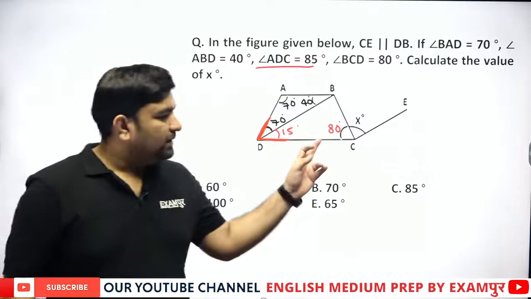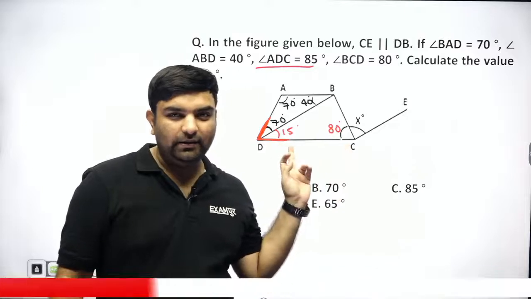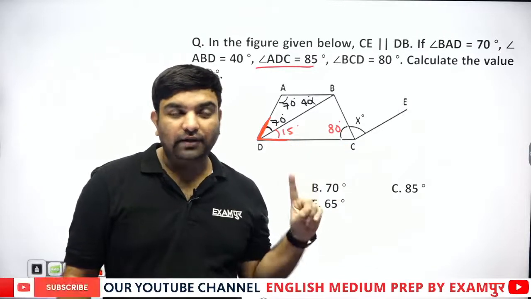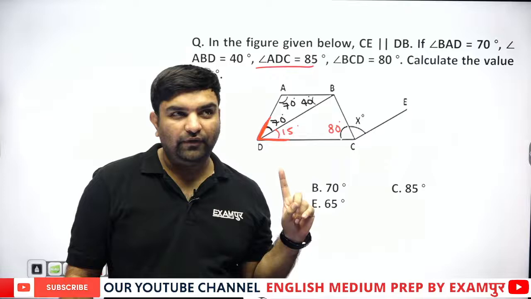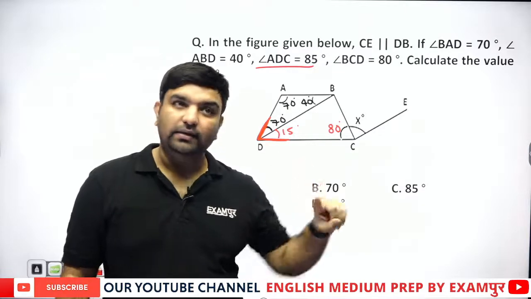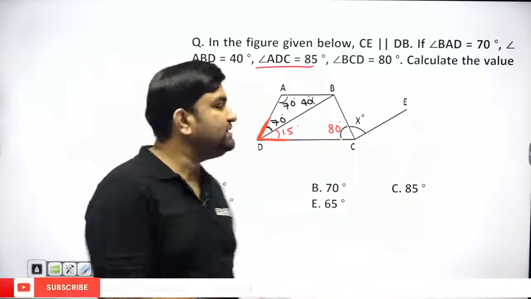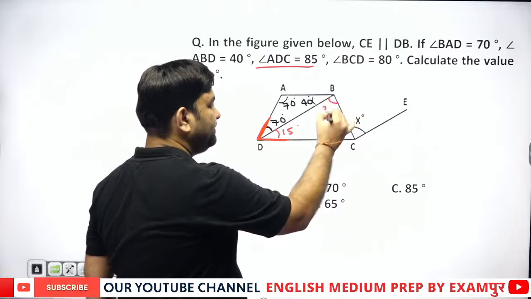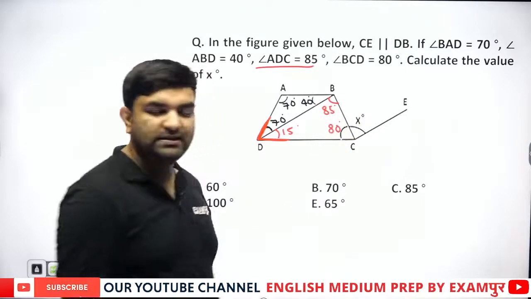This is 80. This is 15, 85, 95. After 95, 5 is remaining in 100, then 80 is remaining there. So this is 85.